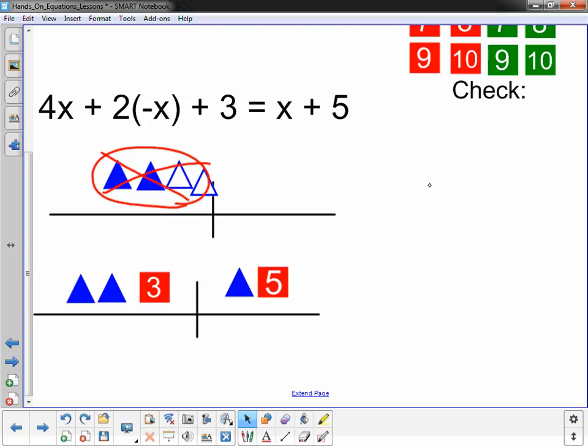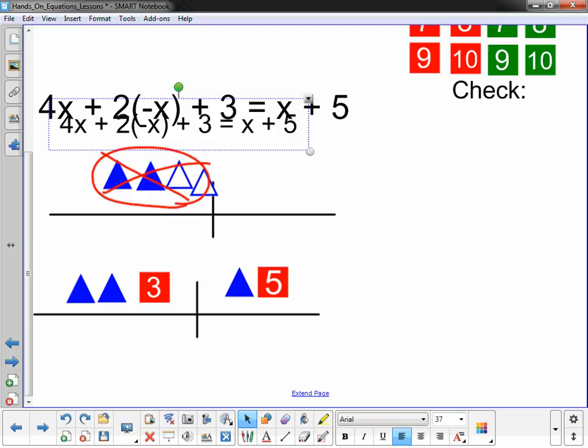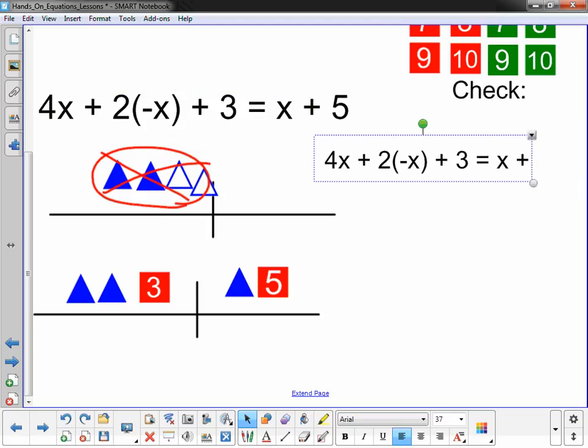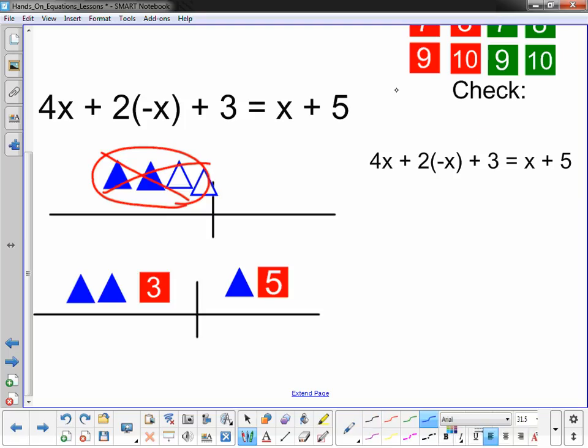Okay, so now how does that happen mathematically? Reduce that down, bring it over here so I can have it set up. Same thing's happening. I've got 4 x's, and I'm adding 2 of the opposite of x's.